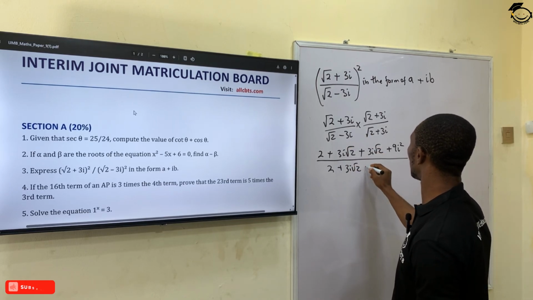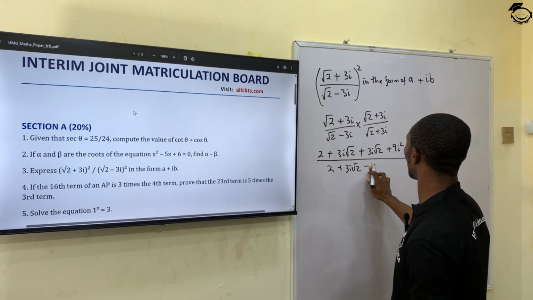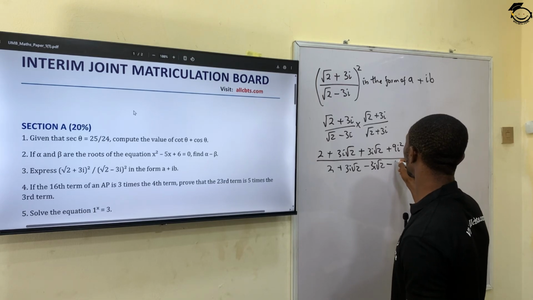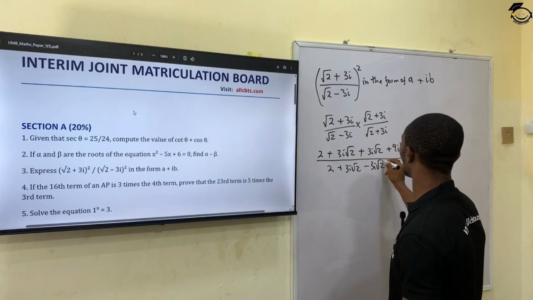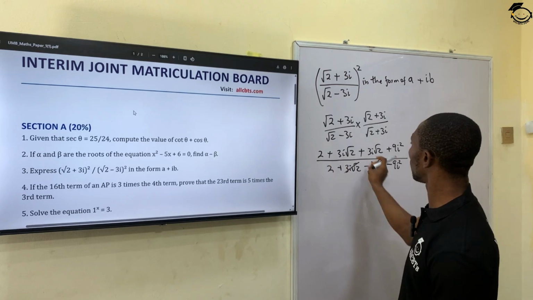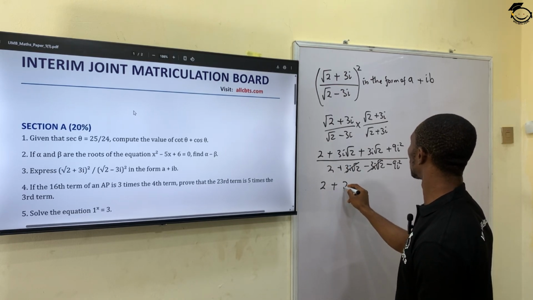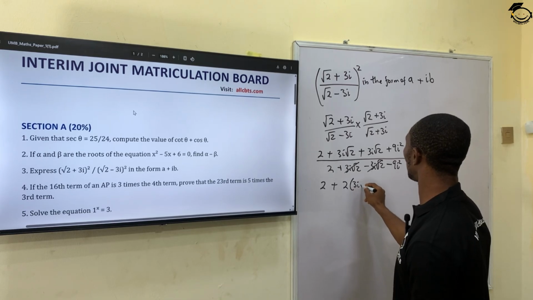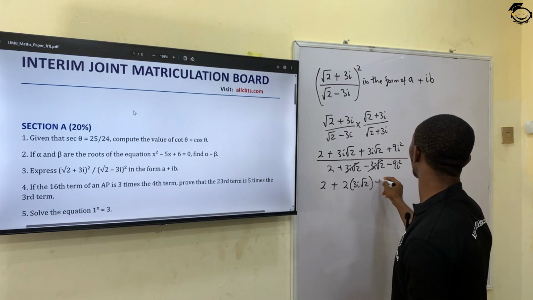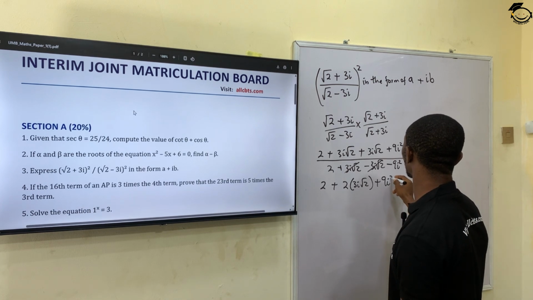This times this will give us minus 3i root 2. And this times this will give us minus 9i squared. So this will cancel this, leaving us with 2 plus 2 bracket 3i root 2 plus 9i squared.